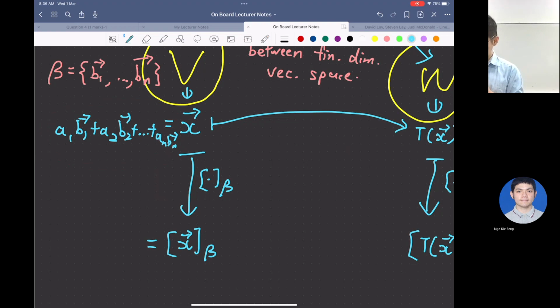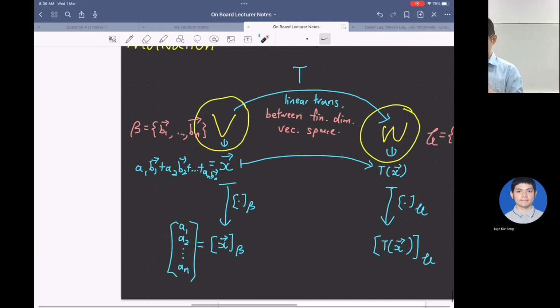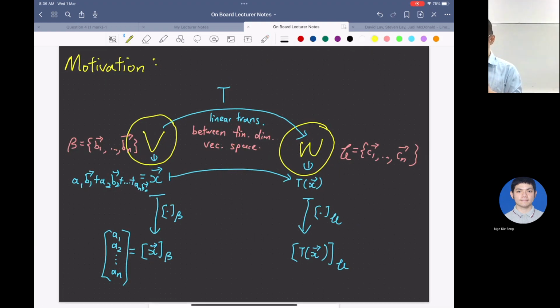A1, A2, up to An, right? So you read the coefficients. So where does this live? Rn, good. So we land in Rn.